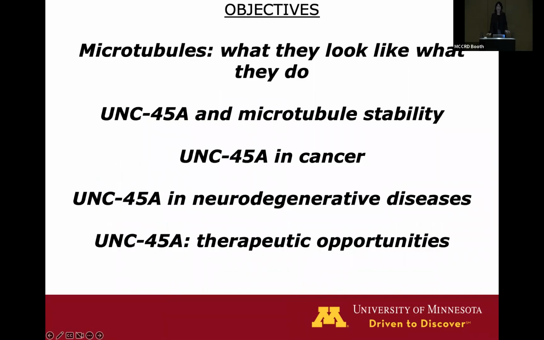So today, my objectives are to talk about microtubules a little bit, to give you a sense of what they look like and what they do, how we have discovered that ANC45 regulates microtubule stability, the data that we have in terms of how ANC45 plays a role in cancer and in neurodegenerative diseases, and then we'll briefly talk about therapeutic opportunities targeting ANC45.